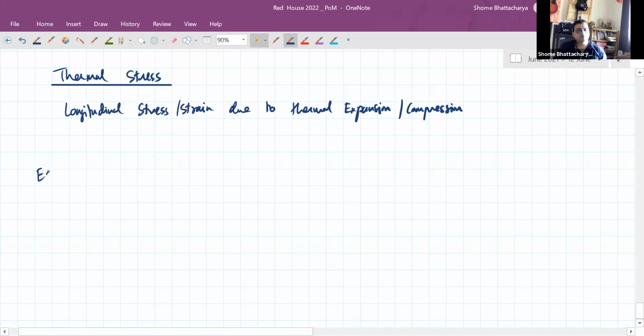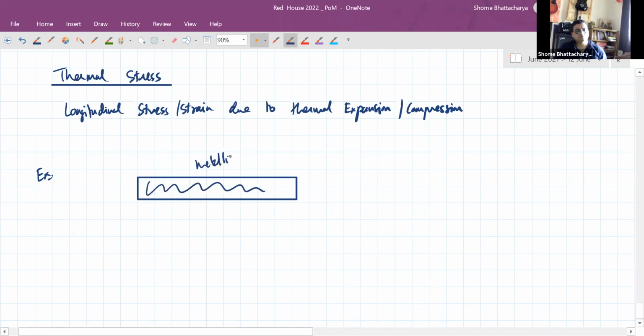So for example, suppose we have a metallic bar, again of natural length L, area of cross section A, and Young's modulus Y.